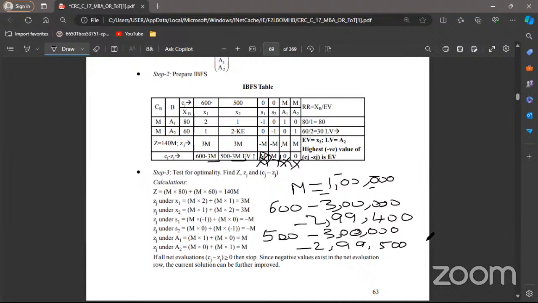See, we are just comparing 600 minus 3M with 500 minus 3M. So which is the least, minus 2,99,400 or minus 2,99,500?